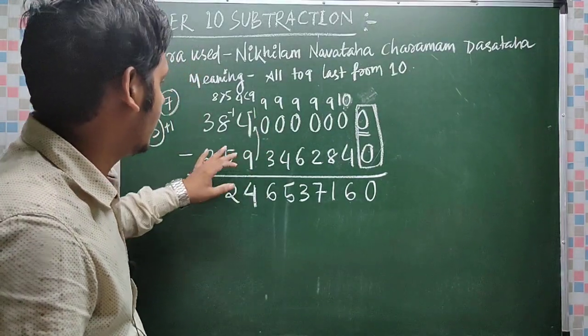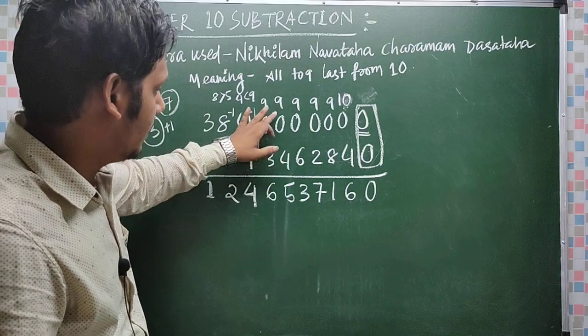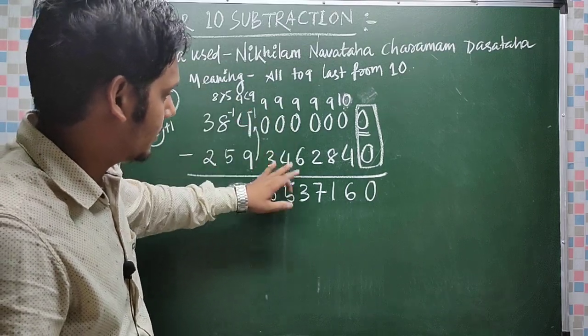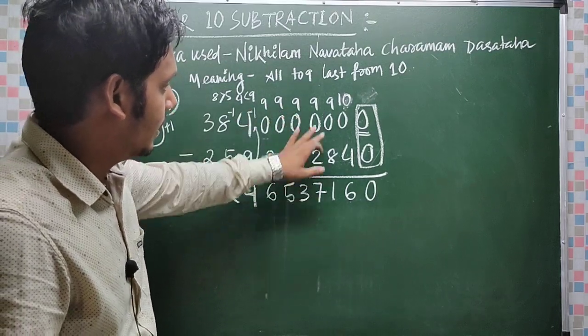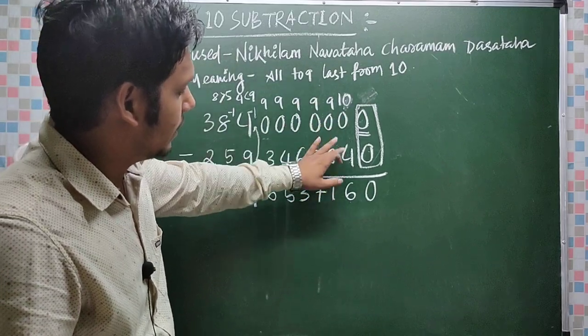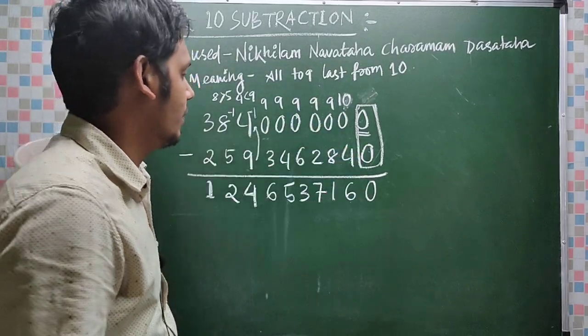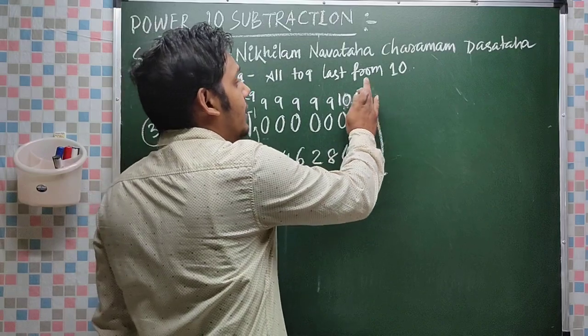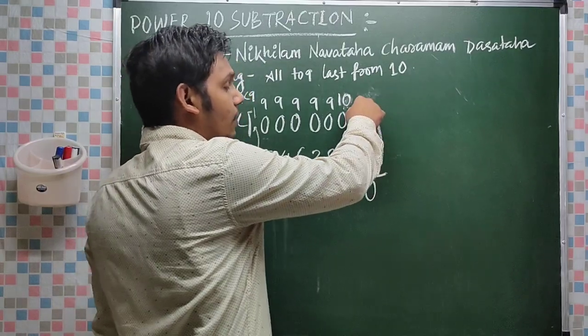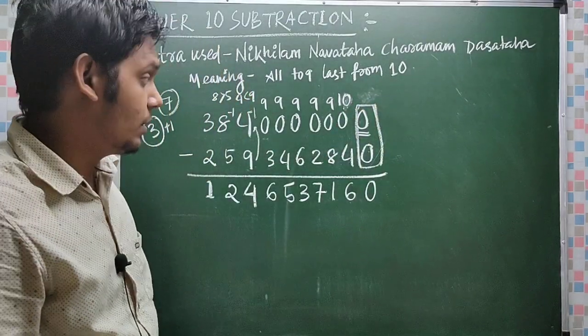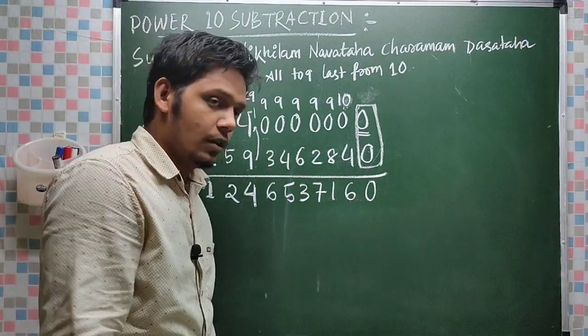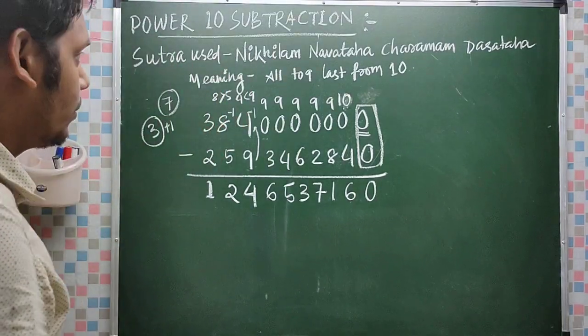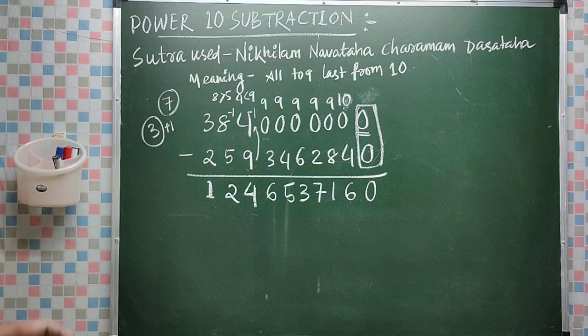Thereafter simple subtraction: 9 minus 3 is 6, 9 minus 4 is 5, 9 minus 6 is 3, 9 minus 2 is 7, 9 minus 8 is 1, 10 minus 4 is 6, 0 minus 0 is 0. Here I did not take 10 because 0 minus 0 is possible. That one you have to keep in mind. We will do more numbers so that you will be able to understand. Take a screenshot.